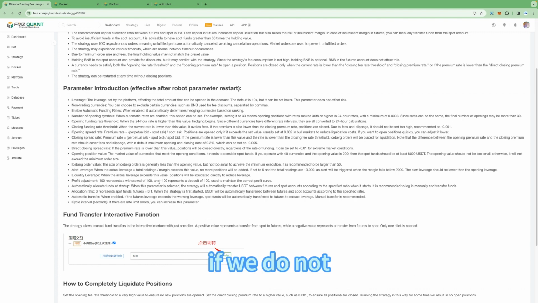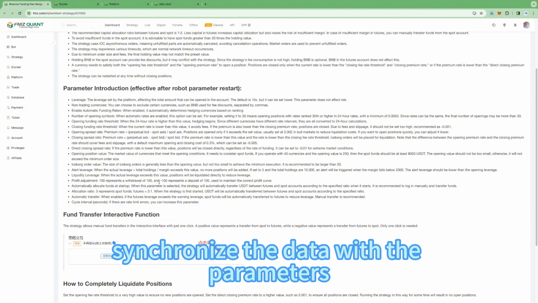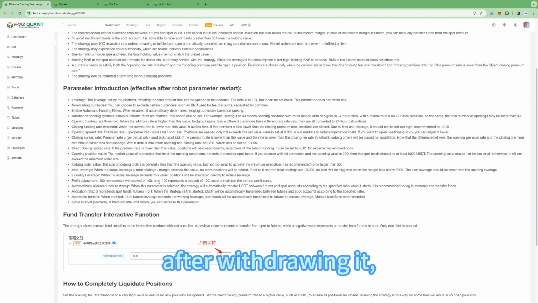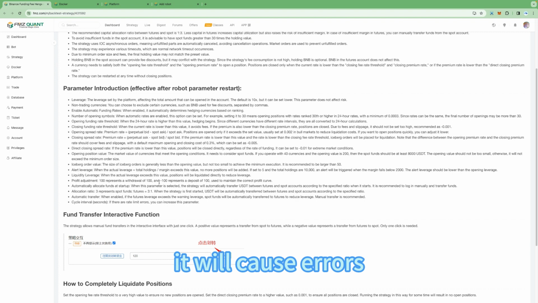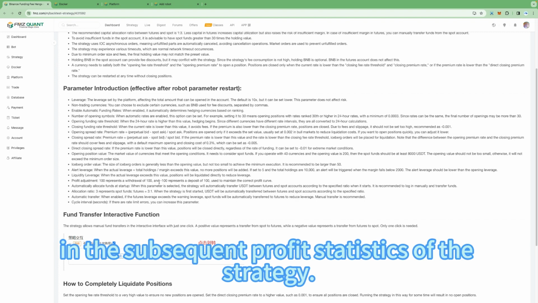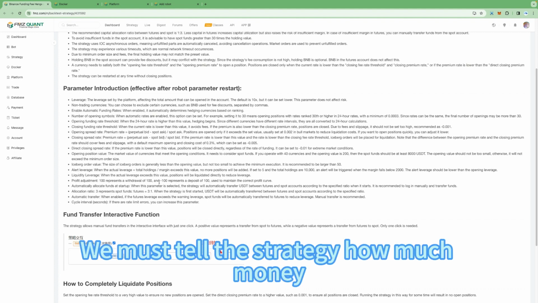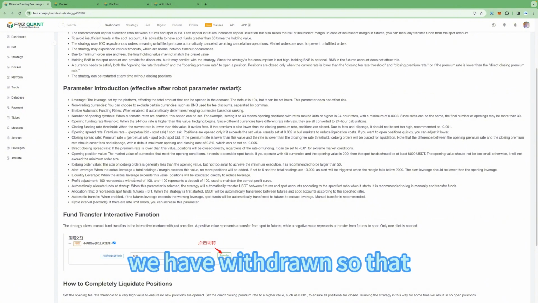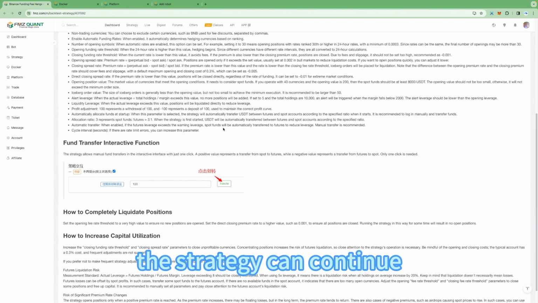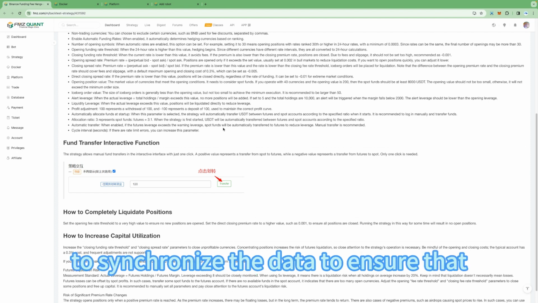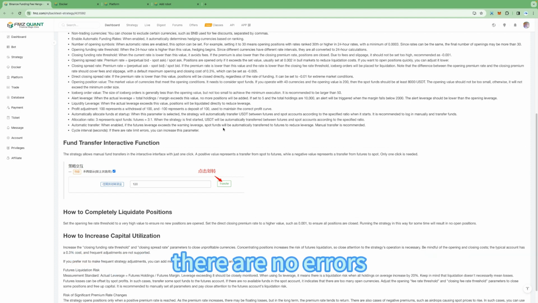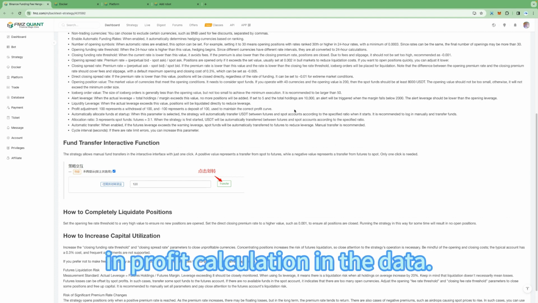If we do not synchronize the data with the parameters after extracting it, it will cause errors in the subsequent profit statistics of the strategy. We must tell the strategy how much money we have proposed so that the strategy can continue to synchronize the data to ensure that there are no errors in profit calculation in the data.